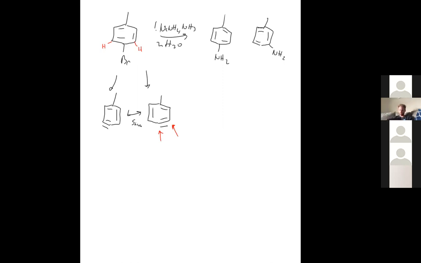Alternatively, if it's ortho, the biggest difference is that now we only have one hydrogen we could pull off. The other side is a methyl group, so we can only really make one alkyne in this case.